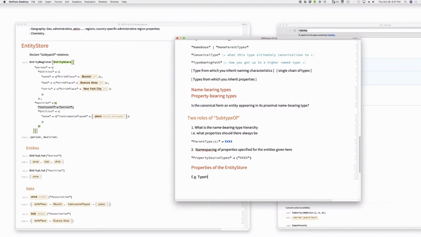Yeah, type graph. Entity type graph. Something like that. I mean, and then we probably want entity type list and so on. It's just the vertex list of that entity graph.